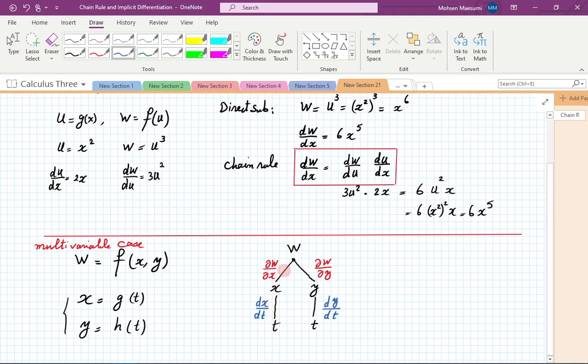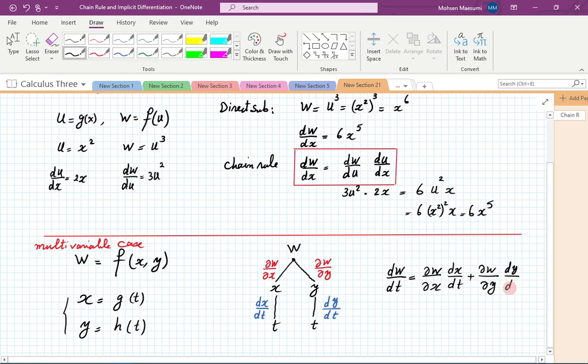We do the same multiplication, except that there are two paths starting from variable t to variable W. So rate of change of W with respect to t is rate of change of W with respect to x, which is a partial of W with respect to x, times derivative of x with respect to t, and whatever contribution we have from the other competing path here, so partial of W with respect to y times the derivative of y with respect to t.